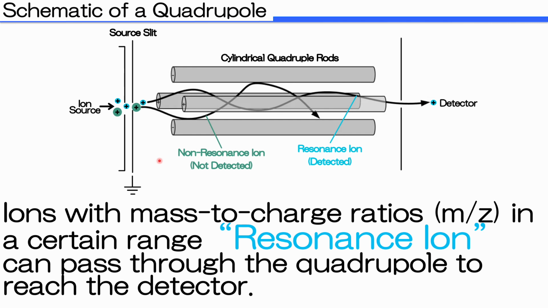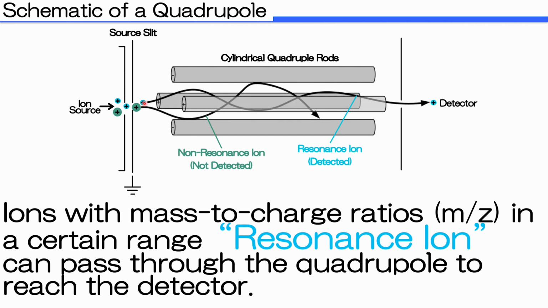This is a schematic of a quadrupole. In quadrupole MS, there are 4 cylindrical rods. The opposite rods have the same polarity, and the adjacent rods have opposite positive and negative voltage applied to them.